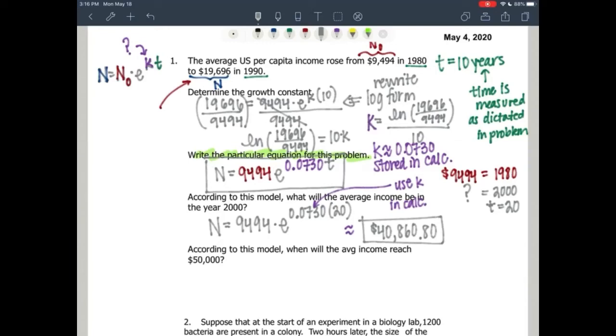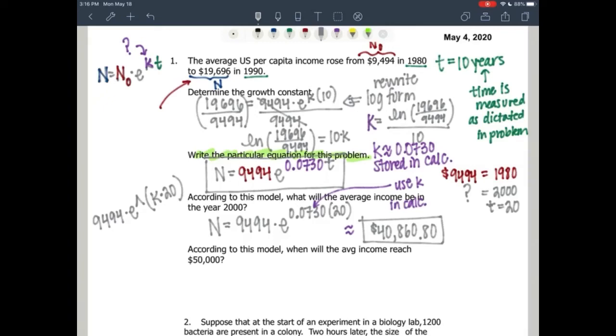If you have the baby Casio, you can still store your value. You're going to hit 9494, then you're going to bring up E, and then it's going to have an upper caret. In parentheses, you have to hit K times 20. Please make sure you put K times 20 in parentheses, and then you will get the same value that I got.